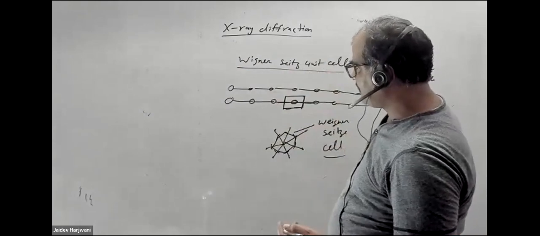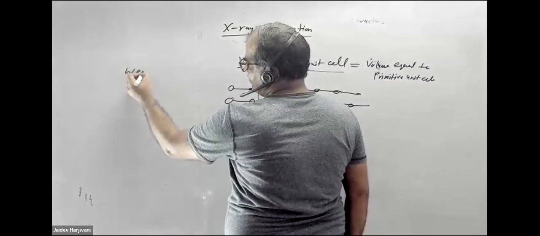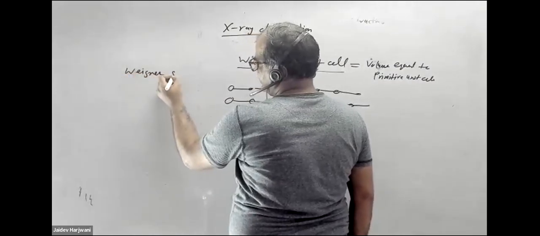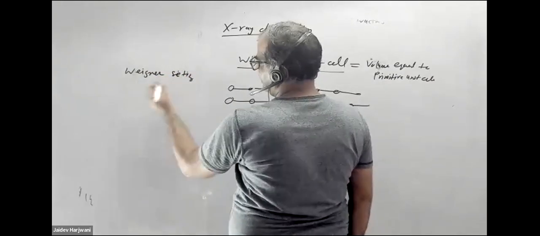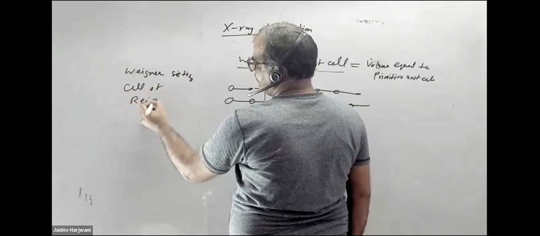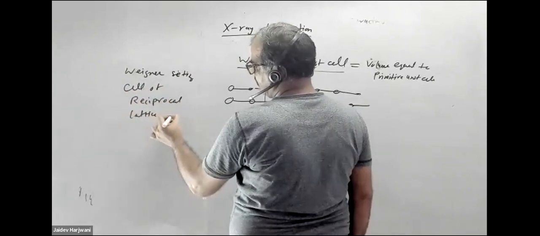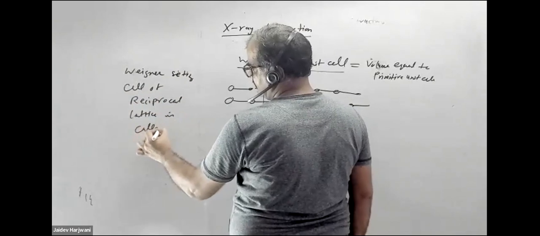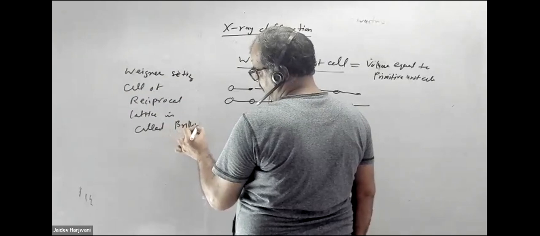So in the reciprocal lattice, the Wigner-Seitz cell of the reciprocal lattice is called your Brillouin zone.